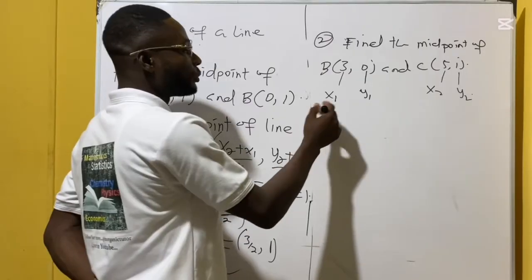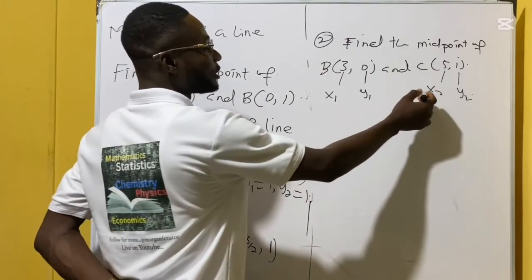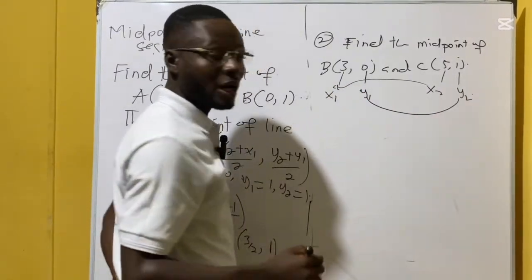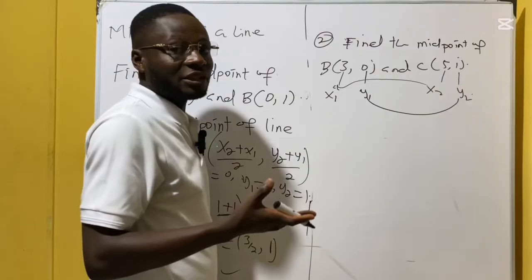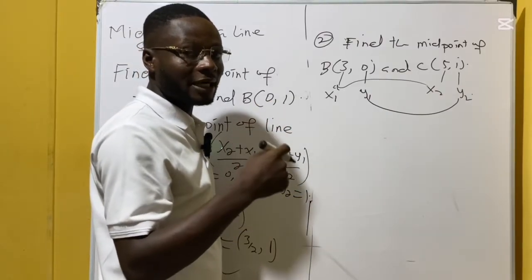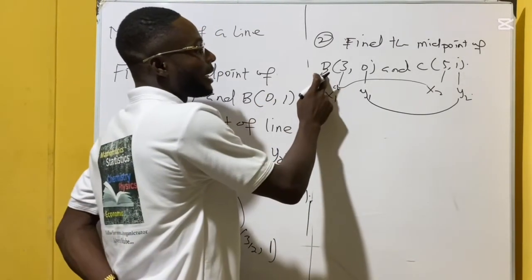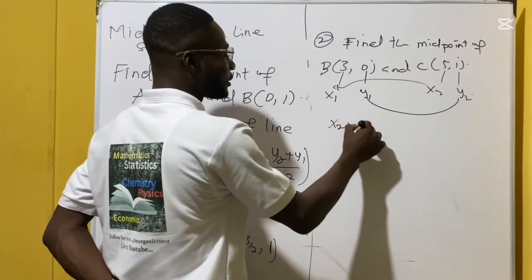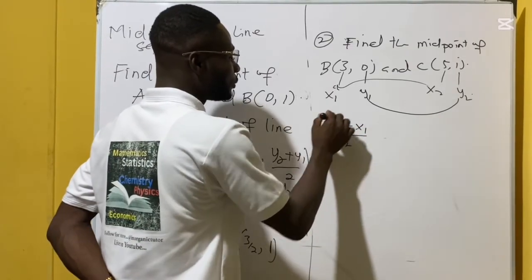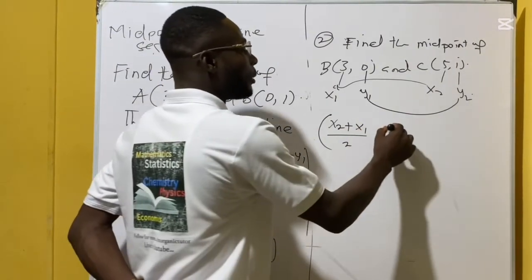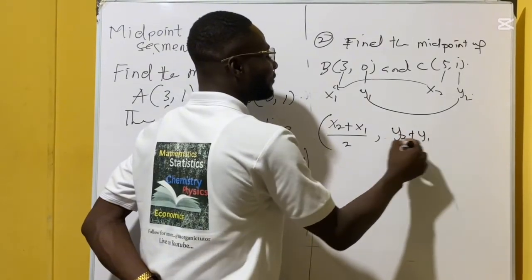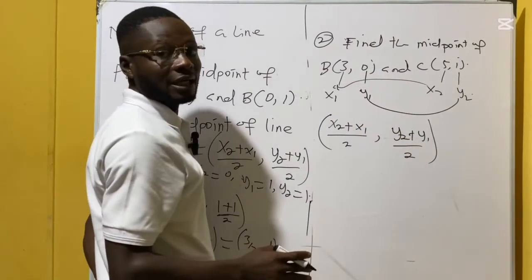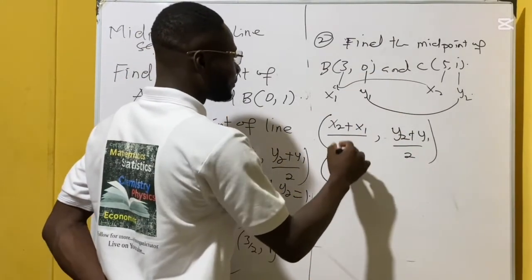So what we need to do is sum x2 and x1, sum y2 and y1, and take the average of each, and these 2 values become the midpoint of line BC. So we say that x2 plus x1 divided by 2, comma, y2 plus y1 divided by 2 will be the midpoint of line BC.